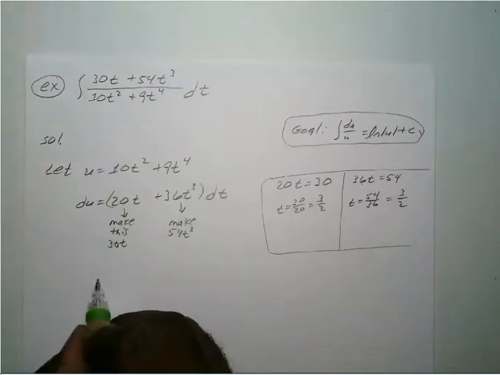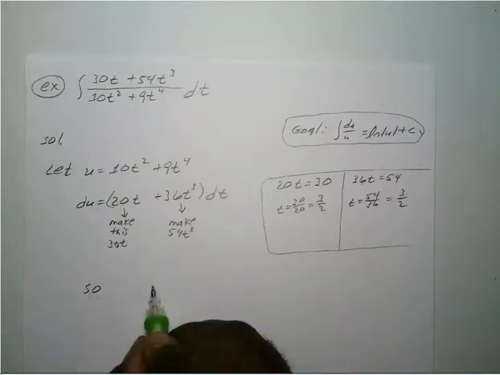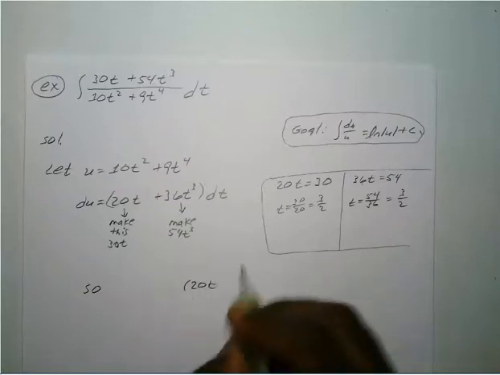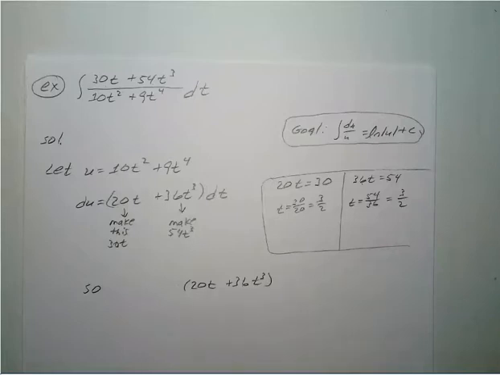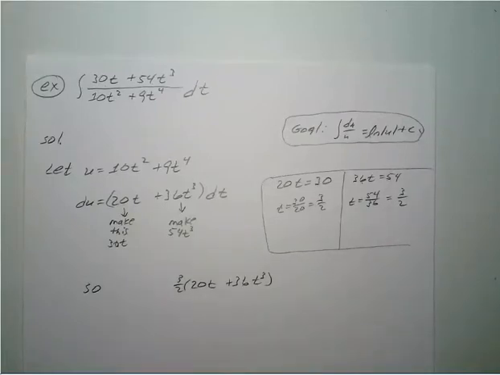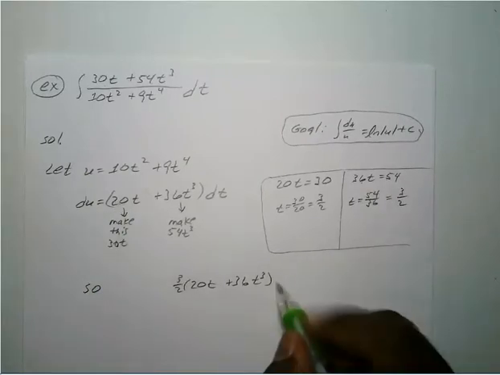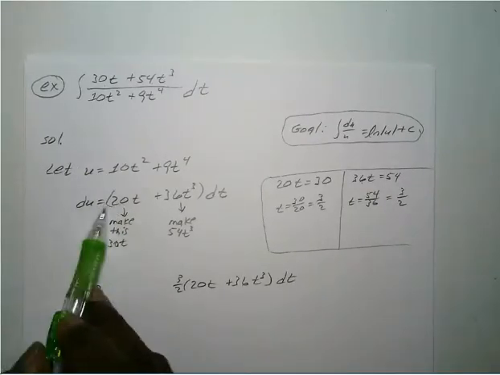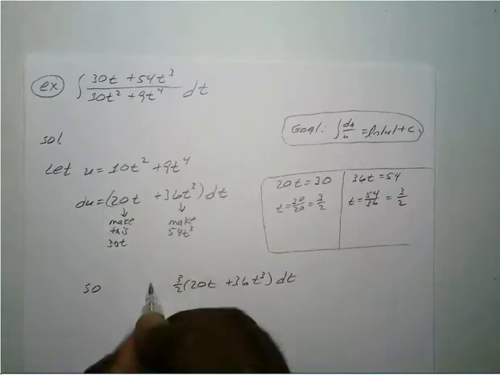Okay, so how does that help us? If we have 20t plus 36t to the third, and we multiply it by 3 over 2, of course with respect to t, then that means we just multiply both sides by 3 over 2.